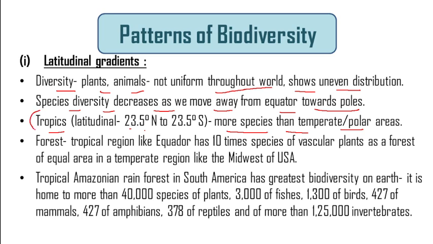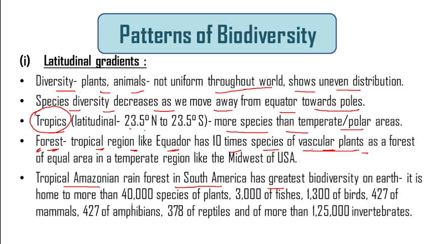In tropical forest regions such as Ecuador, there are 10 times the species of vascular plants as in a forest of equal area in the temperate region like the Midwest of USA. Now you all must have heard about the Amazon forest. The tropical Amazon forest in South America has the greatest biodiversity on earth.